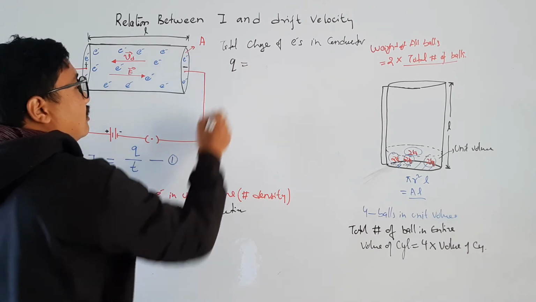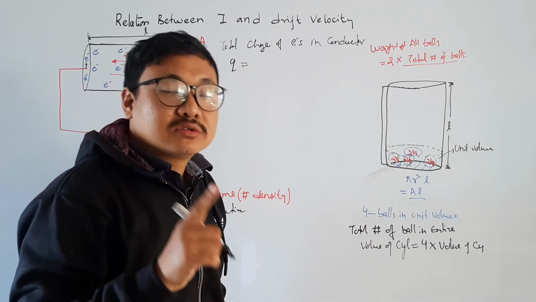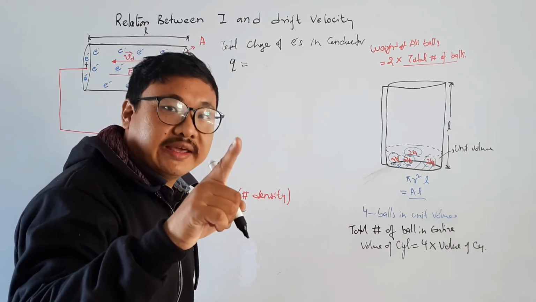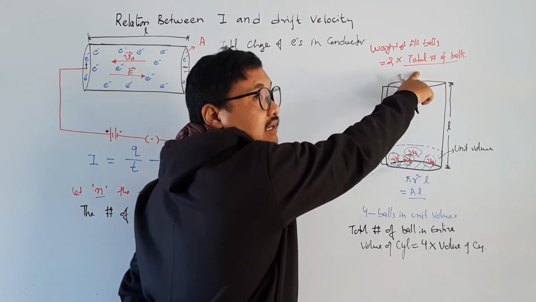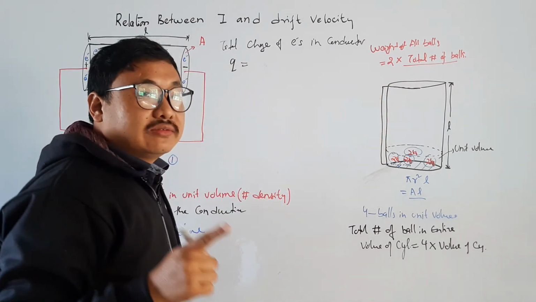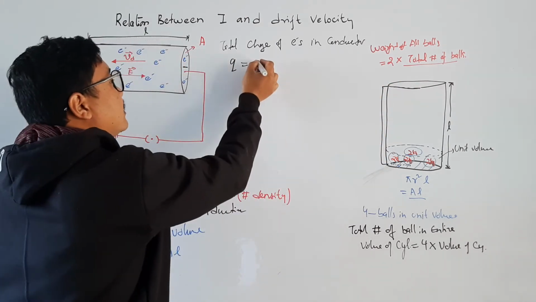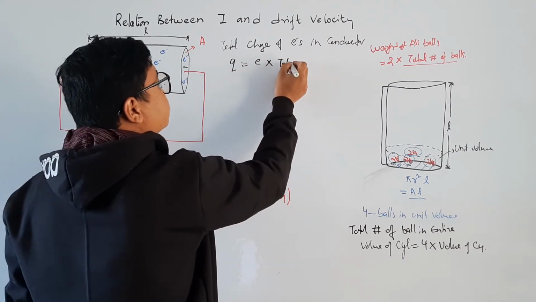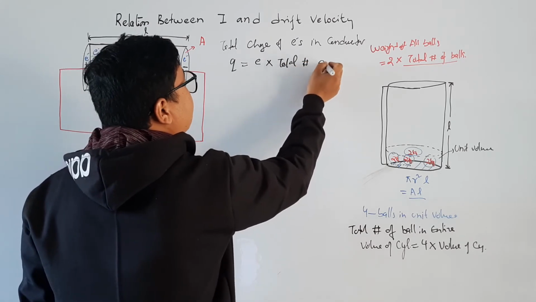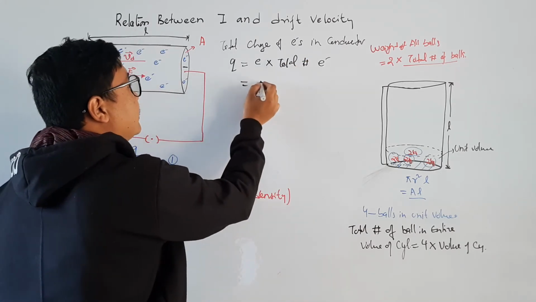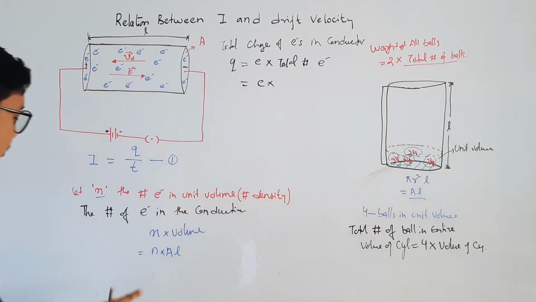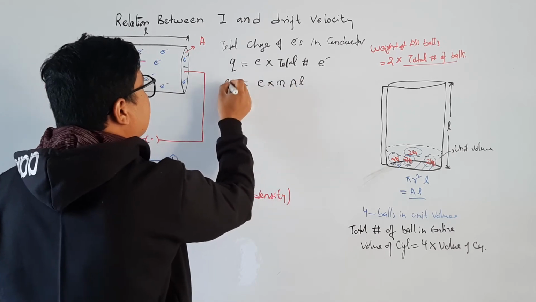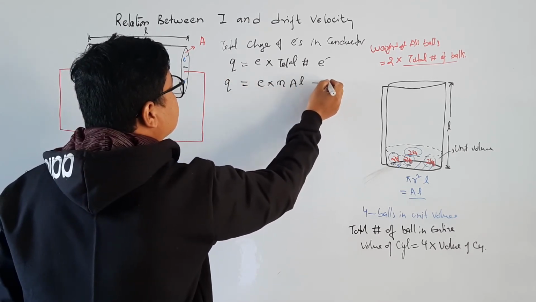Q will be equal to the charge of one electron, e, multiplied by the total number of electrons. The total number of electrons is N A L. So we got the value of Q as equation number 2.